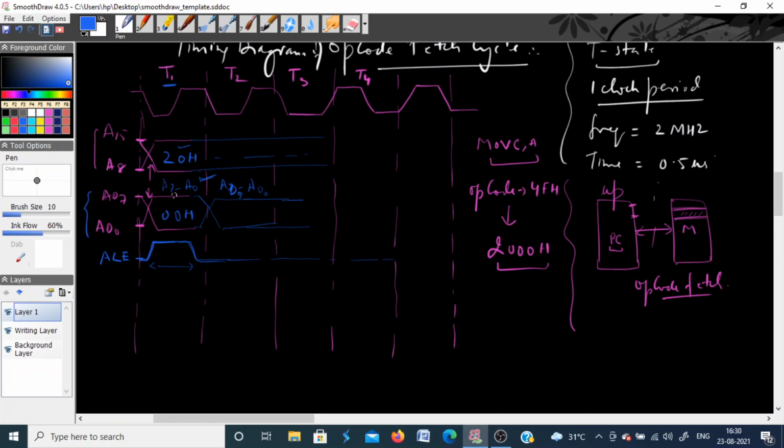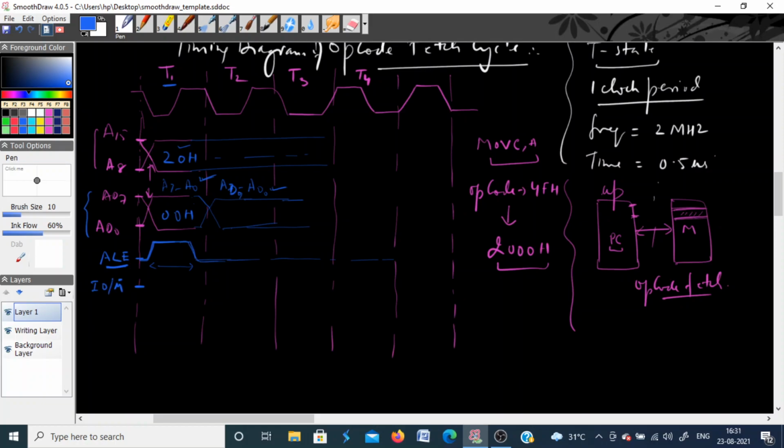Then what are the next control signals? Say you have activated ALE, it has gone from 0 to 1, and the processor has latched the lower 8 bits. Now these lower 8 bits are free to be used as a data bus. Along with this, you have to generate a control signal. But before the control signal, you have one more signal, which is IO/M bar.